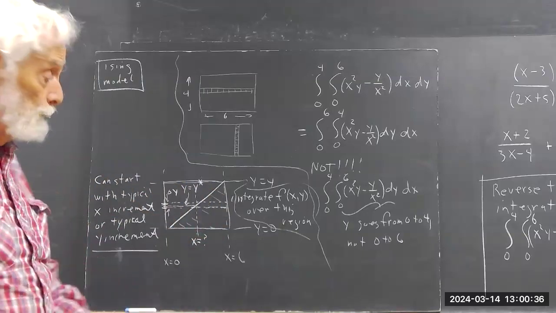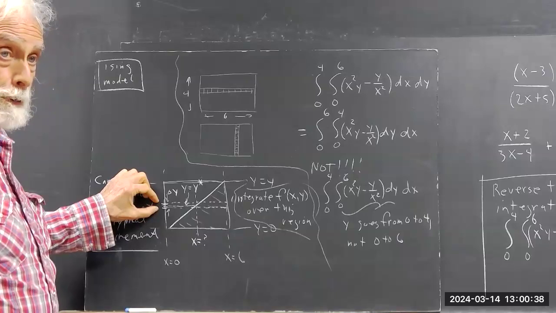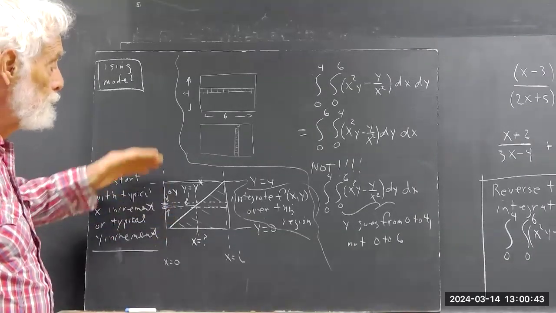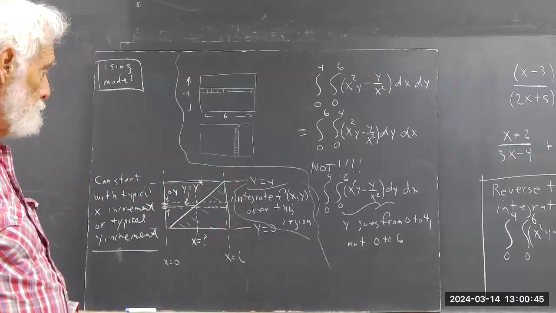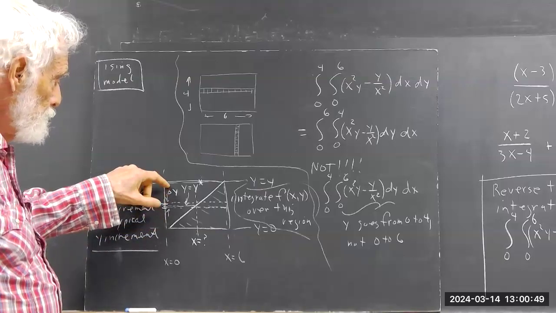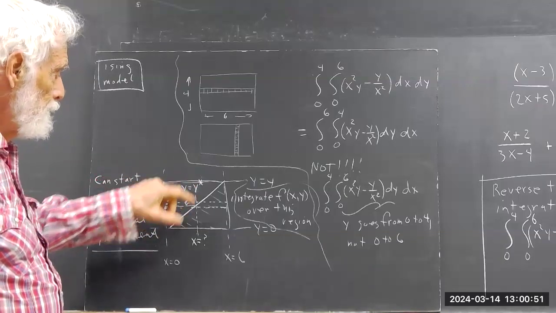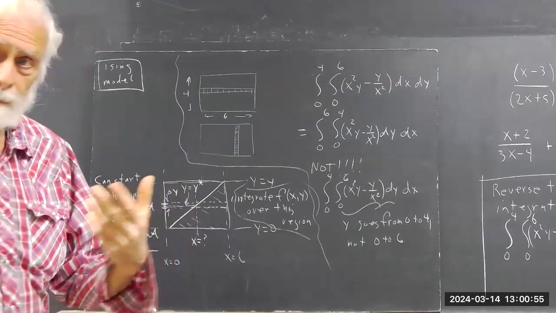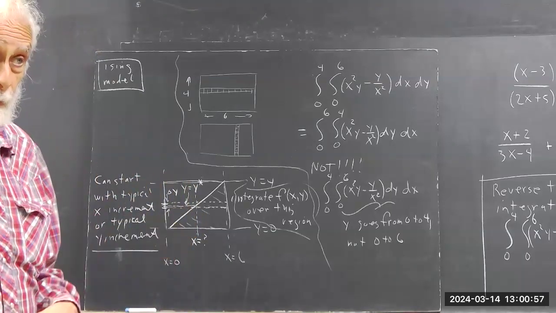To form a Riemann sum, we have to know what happens for a typical y increment, if we're going to use horizontal strips. So our typical increment has width delta y. It contains the point y equals y star that we're going to use to calculate everything.